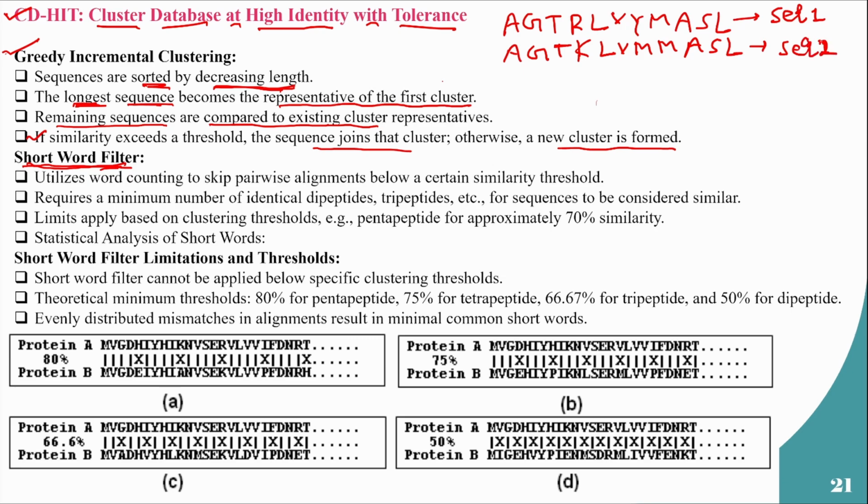Now let's say seq1, for example, was the representative of an existing cluster, and now we need to find out whether this new one, seq2, is a new cluster component or part of an already existing cluster based on the similarity.